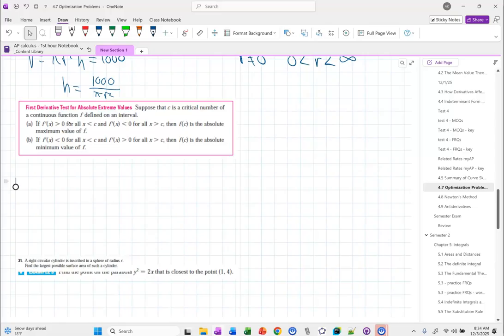This method says that if the first derivative is greater than 0 for all x less than your critical value, and less than 0 for all x greater than our critical value, then that has an absolute maximum at the critical value. Likewise, if it's reversed, it's an absolute minimum at that critical value. So this is the method I would want to use when we have one critical value.